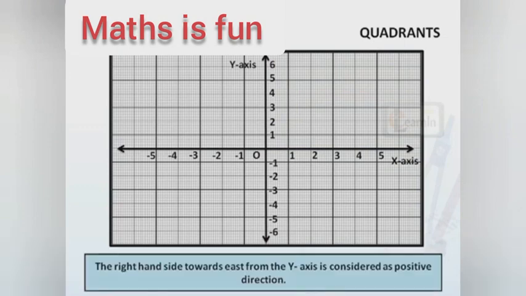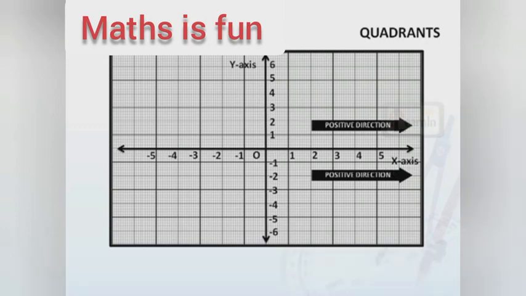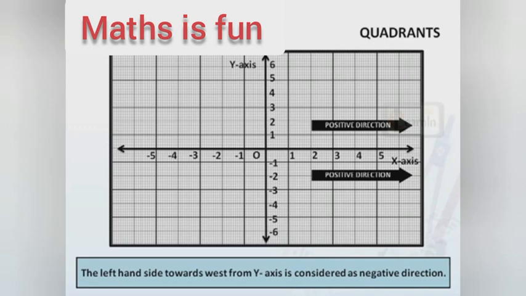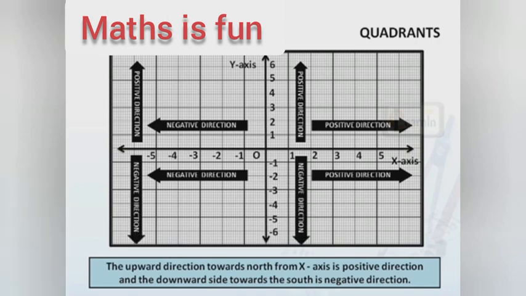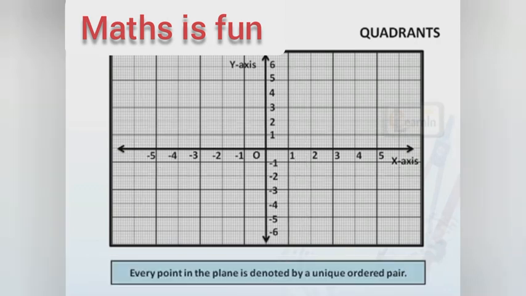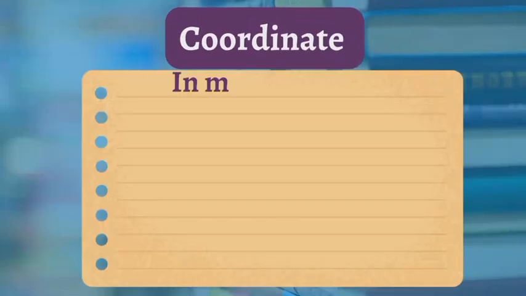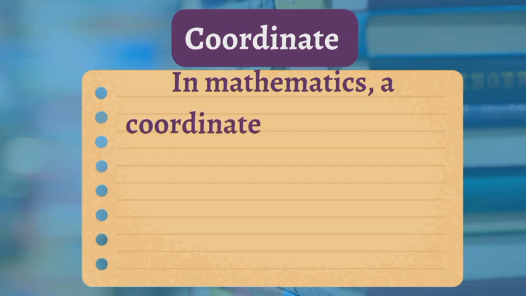Now, the right hand side towards the east from the y-axis is considered the positive direction, while the left hand side towards the west from the y-axis is considered the negative direction. The upward direction towards the north from the x-axis is the positive direction, and the downward side towards the south is the negative direction. Every point in the plane is denoted by a unique ordered pair. Having talked about the quadrant, let us look at the coordinates.